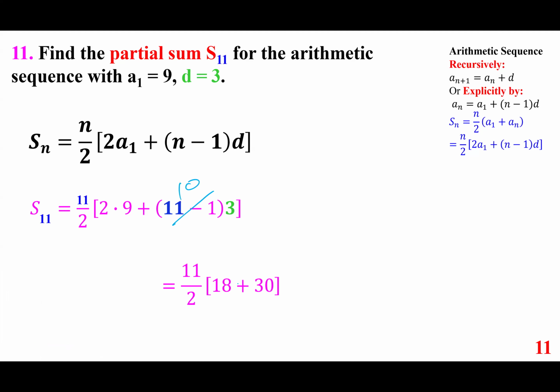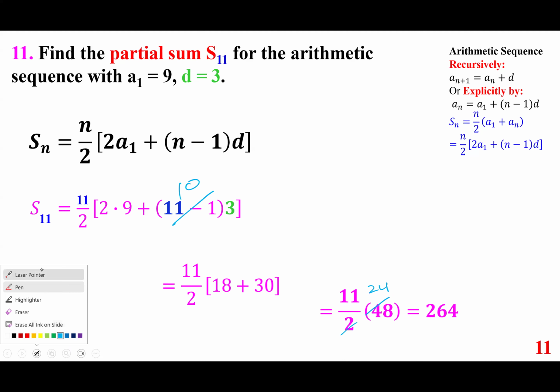So it's 48. This cancels this one. 24 times 11 is 264. So pretty straightforward, everybody. We're going to move on.